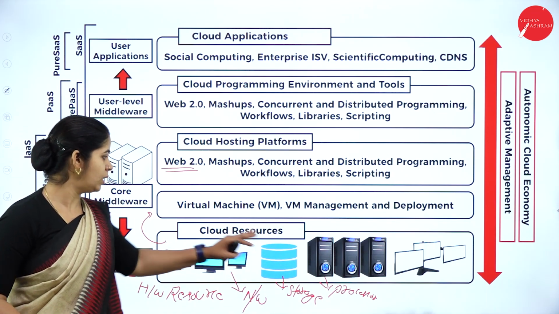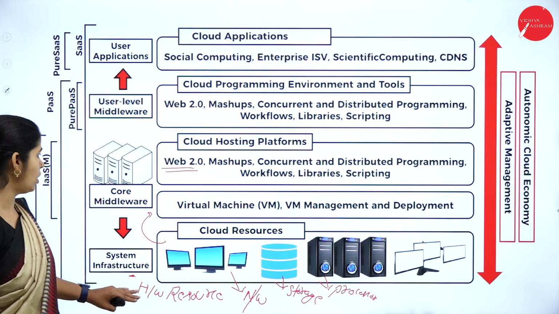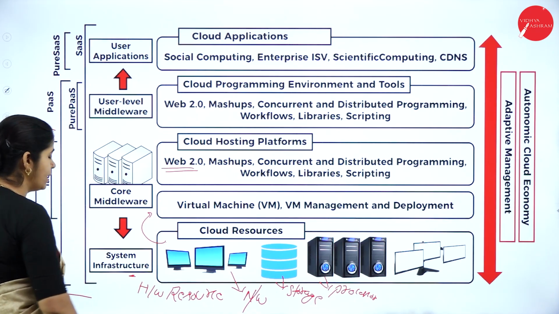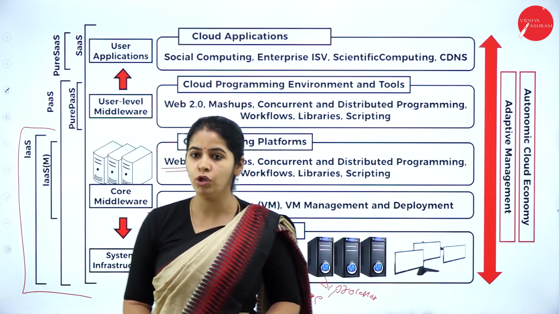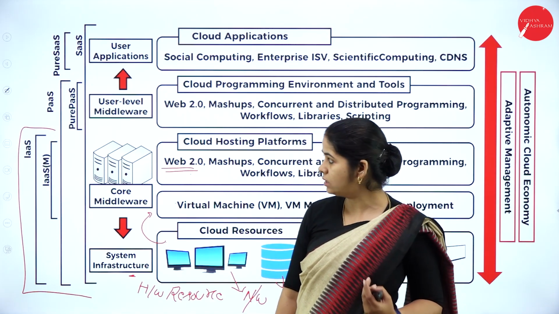All the resources come into the physical resources or system infrastructure. This all falls where? This all falls in IaaS. IaaS is giving you everything: resources, virtual machines, and then the operating system.